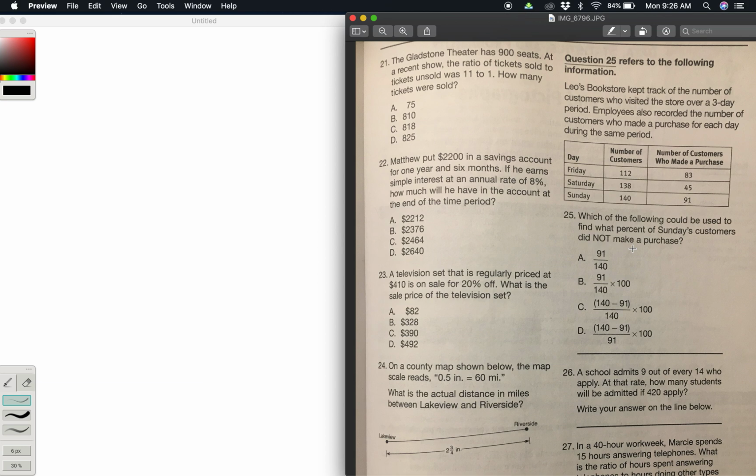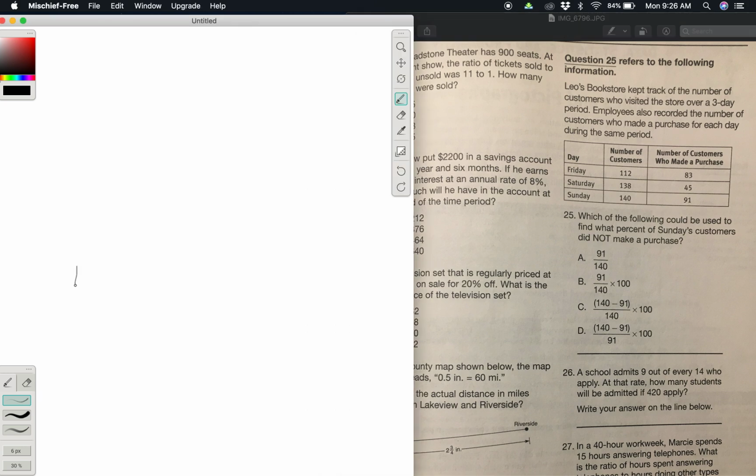First of all, 140 we know is the base. It's the amount of complete customers.